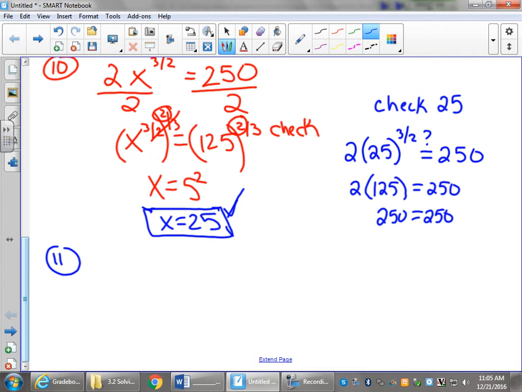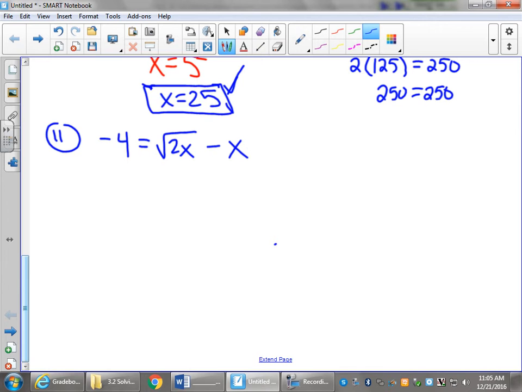Next example. Negative 4 equals the square root of 2x minus x. Okay. We're going to make a side note next to this. This is a type of problem where we have an x under the radical and we have an x not under the radical.